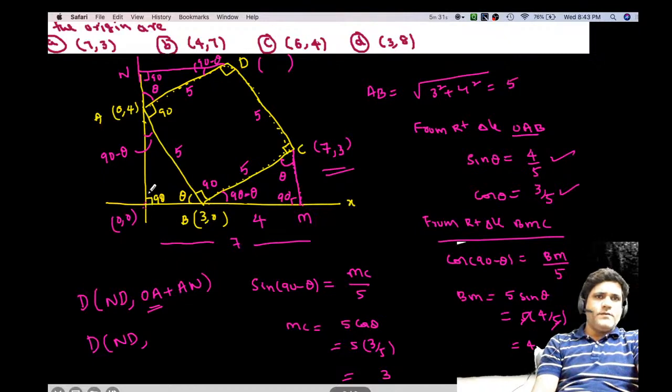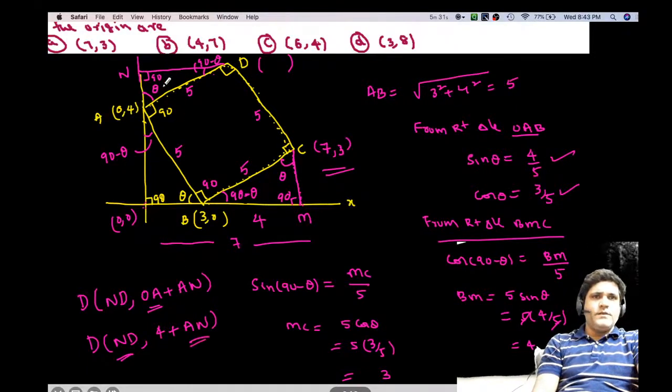This OA is 4 units. Means to find the coordinates of D, our job is to find ND distance and AN distance.